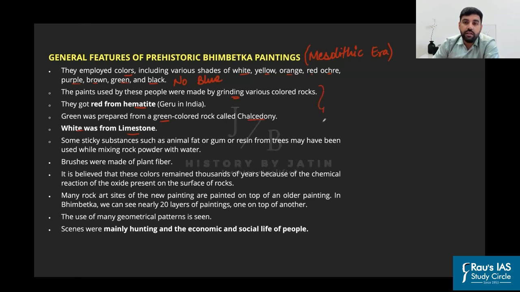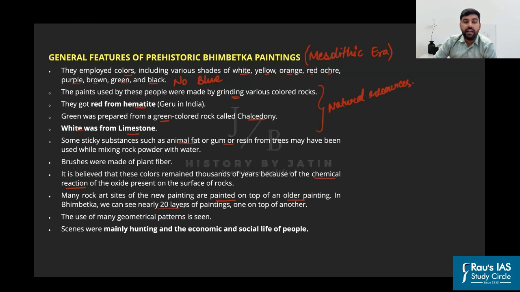It means use of natural resources. They may have used animal fat, gum, whatever, which has lasted because of the chemical reaction, for a long period of time. There are many paintings painted over the older ones.